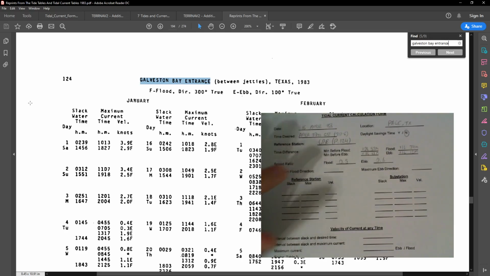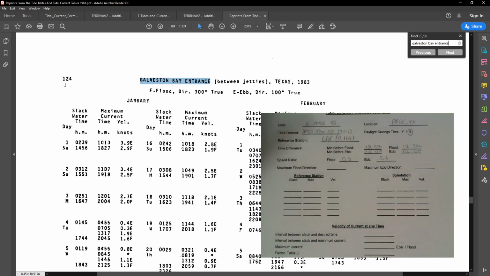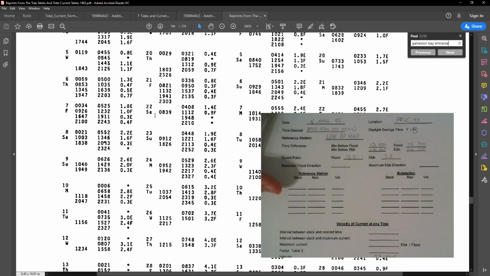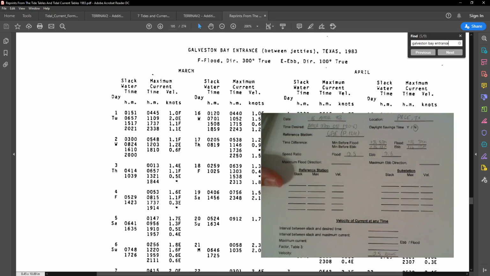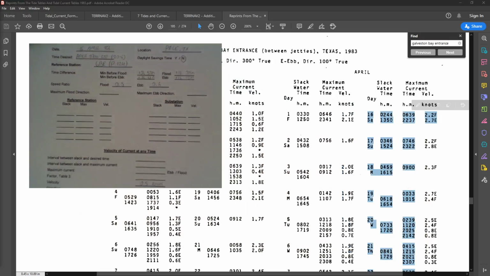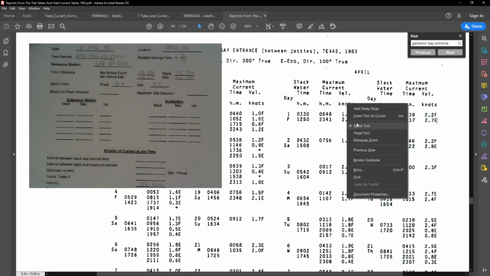As you can see right here, you copied that down. You can see that's page 124 right here. Alrighty. So let's find April. Should be on the second page of this. And it is. April 16th is right here. We're going to copy that whole thing. And let's move this over and zoom in on here.